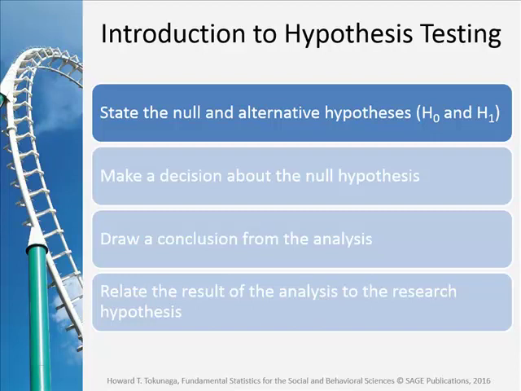Step two, we'll have to make a decision about that null hypothesis. Notice we're not making a decision about the research hypothesis. We're focusing on that null hypothesis. Once we make a decision about the null hypothesis, we're going to draw a conclusion from our analysis.